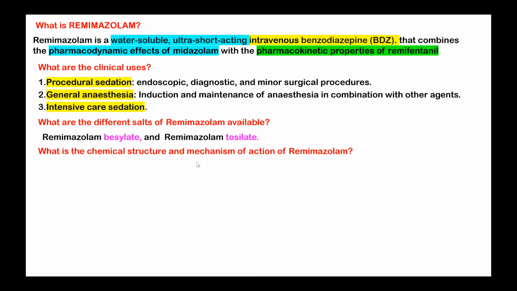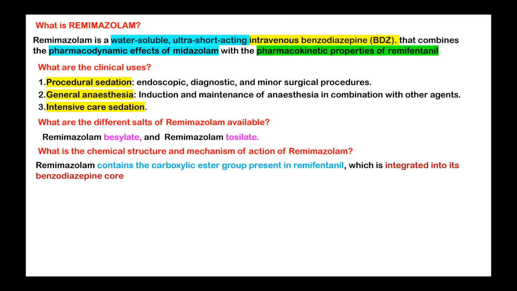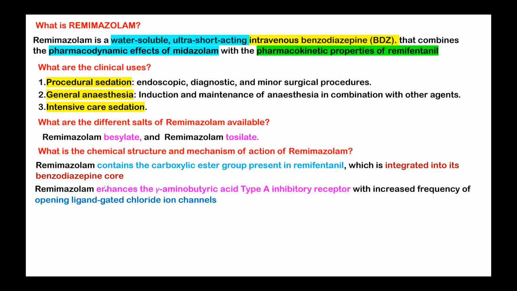And the chemical structure and mechanism of action: it contains the carboxylic ester group present in remifentanil, which is integrated into the benzodiazepine. Okay. So it enhances the gamma-aminobutyric acid, GABA type A inhibitory receptor, which increases the frequency of opening of ligand-gated chloride channels. So hyperpolarization occurs.